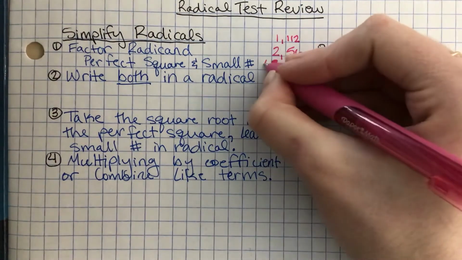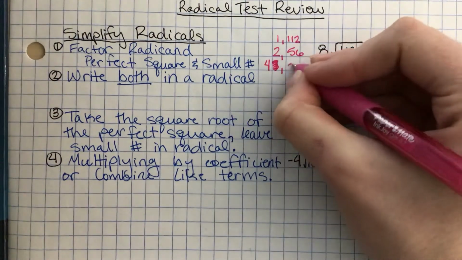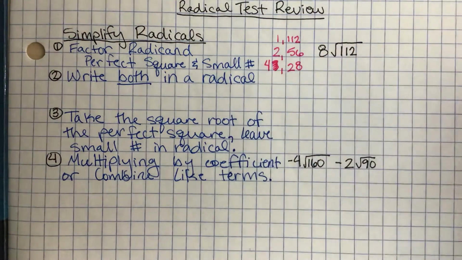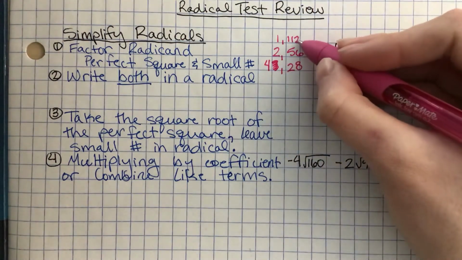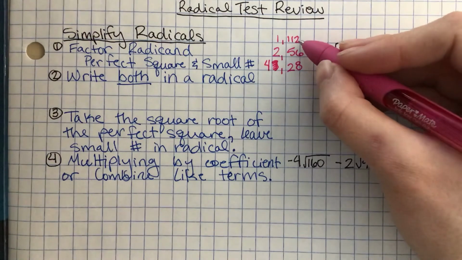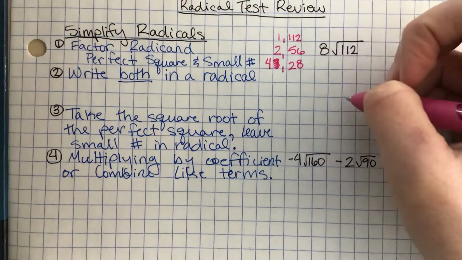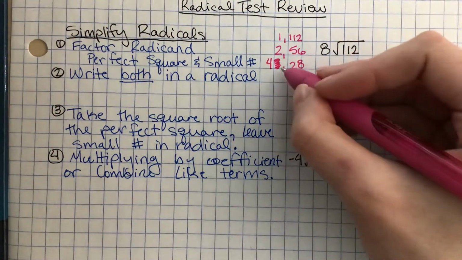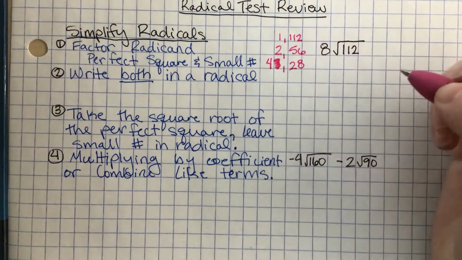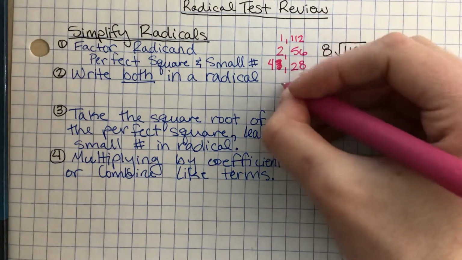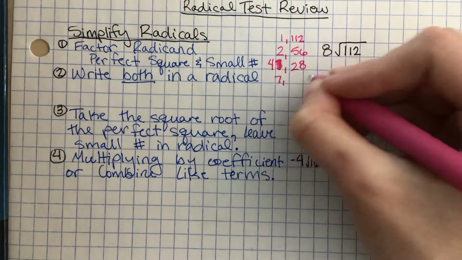But we know 4 is going to work because 2 did, so we have 28. 5 isn't going to work because 112 is not a number that ends in a 0 or a 5. And we know 6 isn't going to work because we said 3 doesn't work, so that can't work. But then we have 7, and 7 is special.